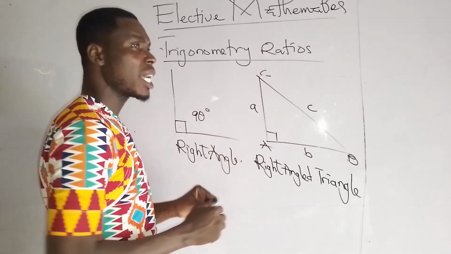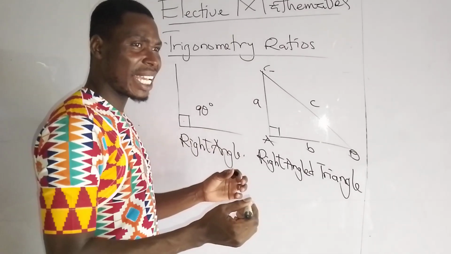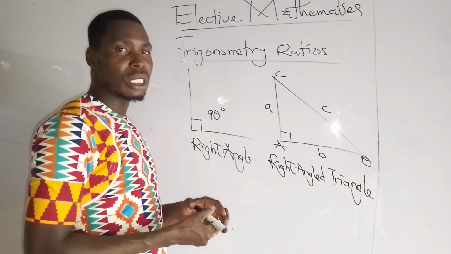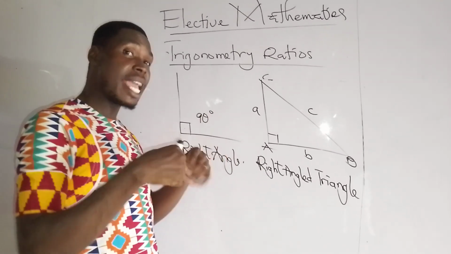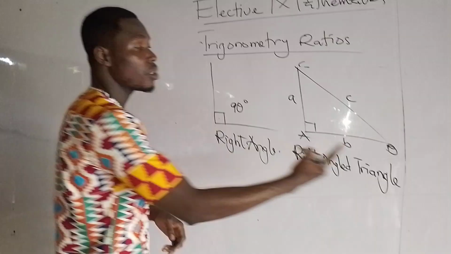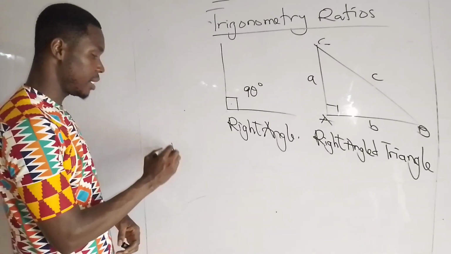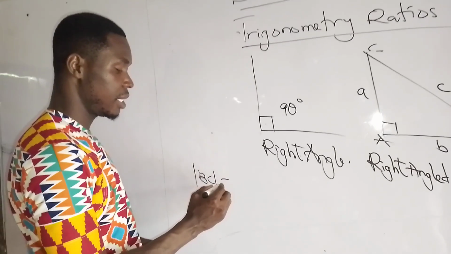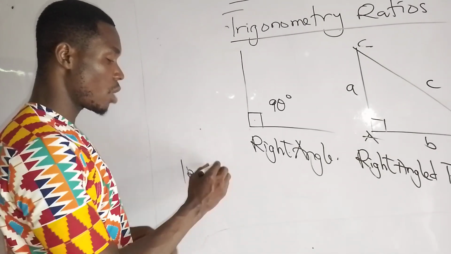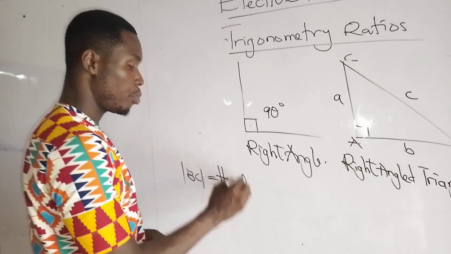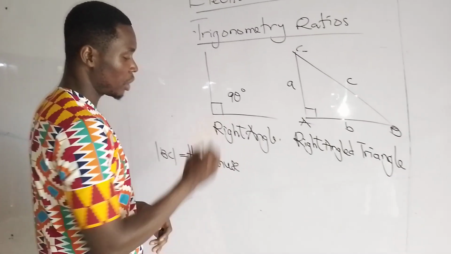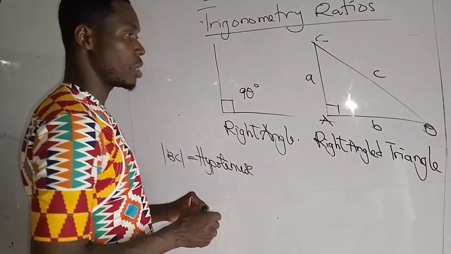So with that, Pythagoras said that the longest side is called hypotenuse. That is the name he gave it. So the longest side, which is what? The BC. So our BC is called what? The hypotenuse. That is the name given to it.